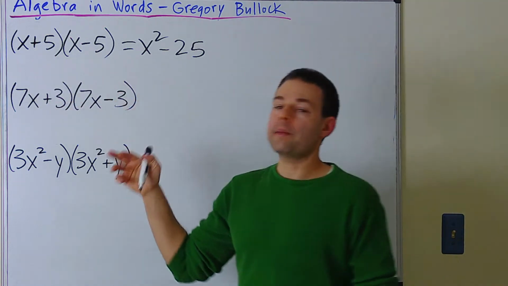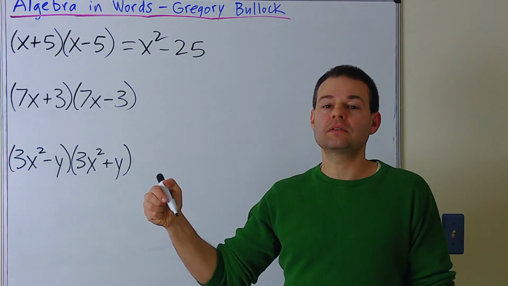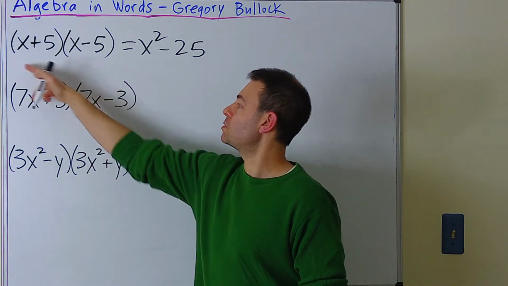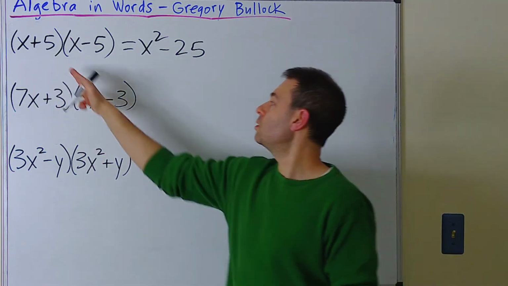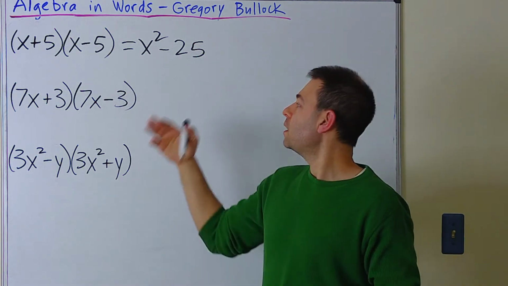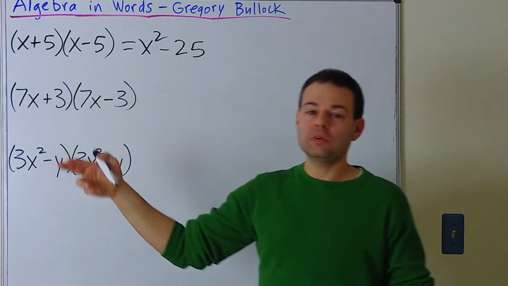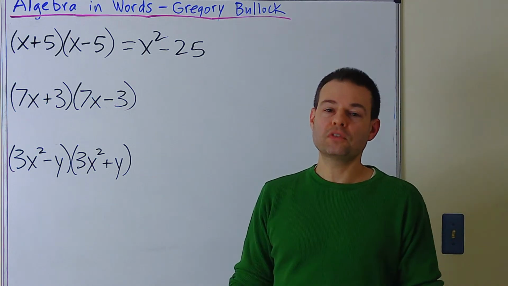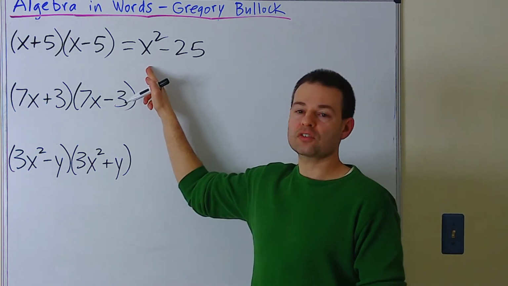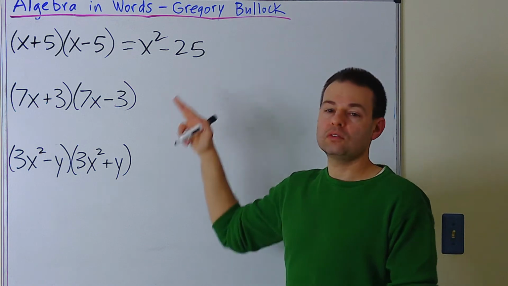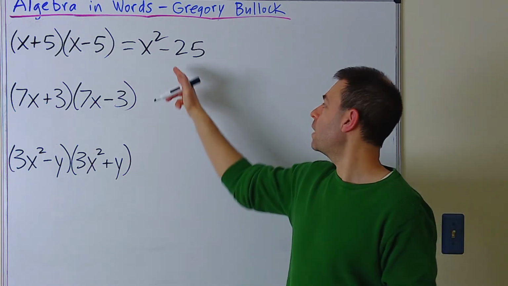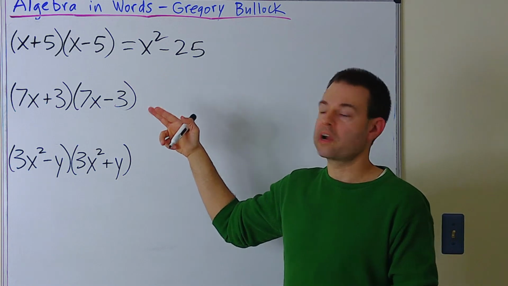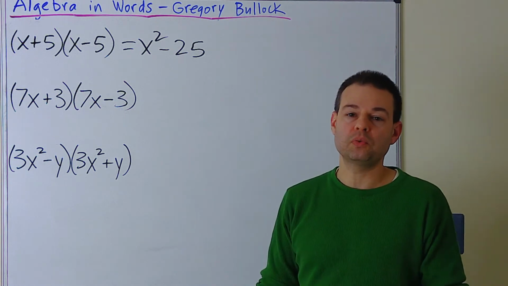So again, the topic of this is the product of two conjugate binomials. These are the conjugate binomials, they're multiplied together, and the product of two conjugate binomials will always result in the difference of two squares. Notice that x squared is a square and 25 is a square. And it's the difference of two squares because there's a minus sign between them.